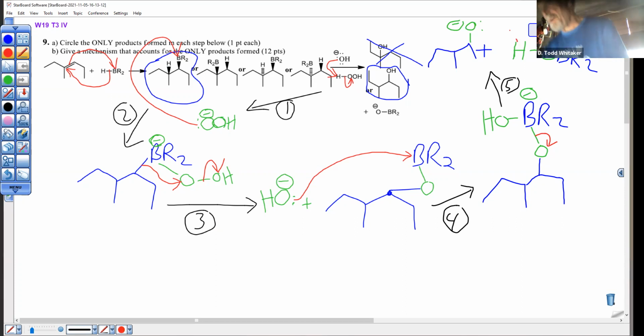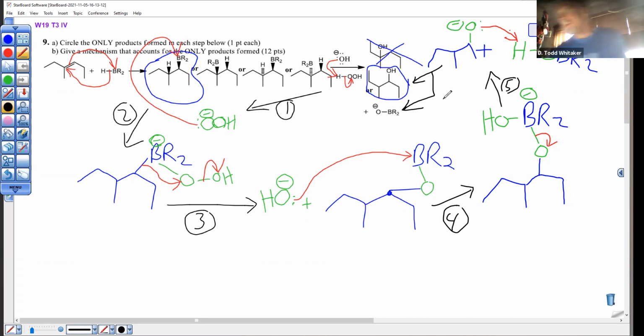Okay, let's use the mouse. There we go. And step 6 creates our 2 species. This one, and at the same time, that one.